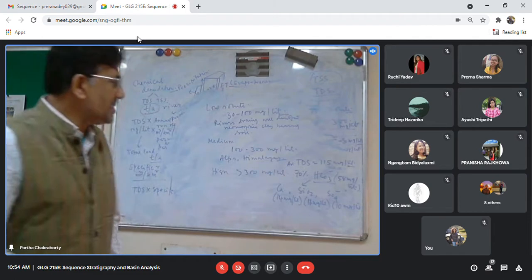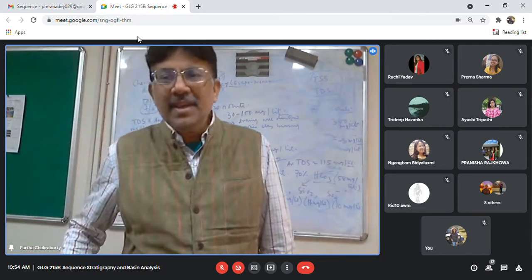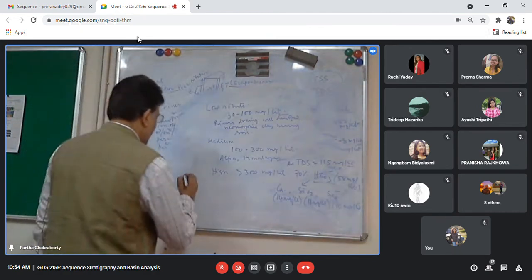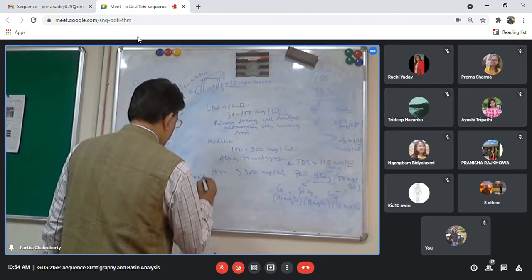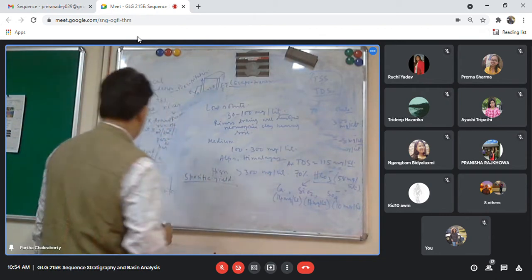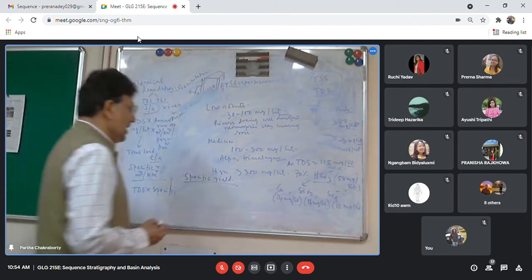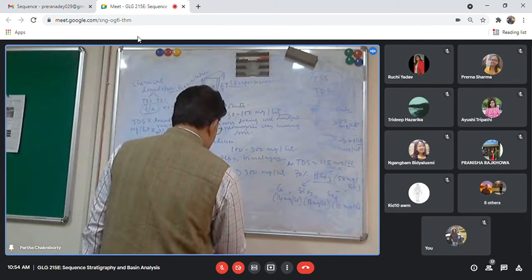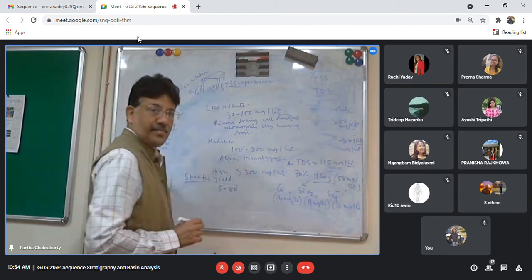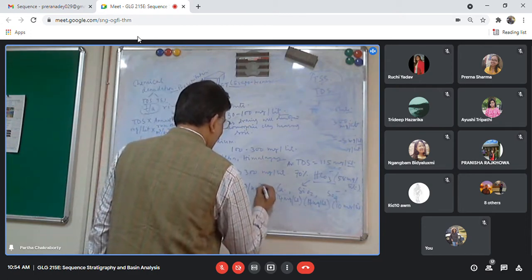And if you consider in terms of the specific yield of the river system, specific yield of the river system basically varies between 5 to 80 meter cube per kilometer square.